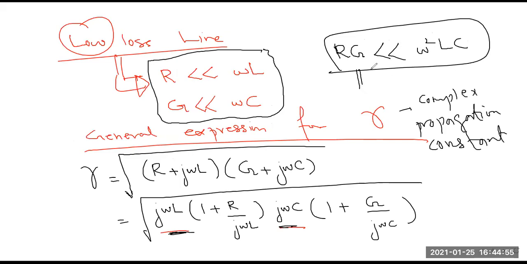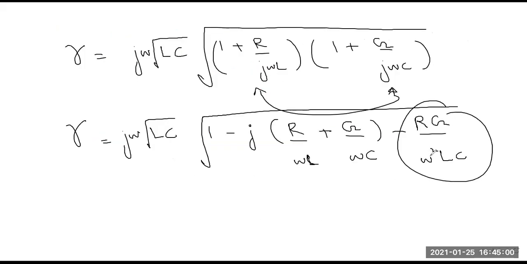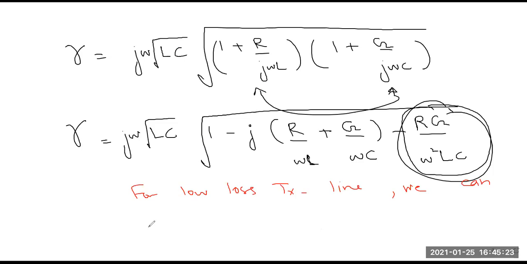Now if you look at this term, RG divided by omega square LC, it is so small for a low loss line that we can almost neglect it. So for a low loss transmission line, we can neglect RG divided by omega square LC.